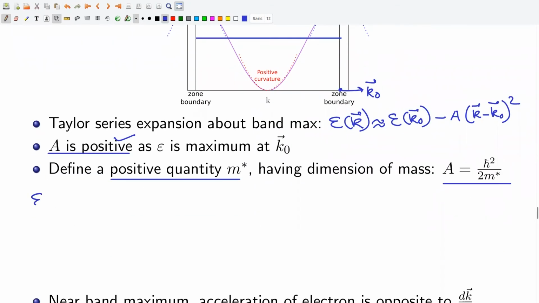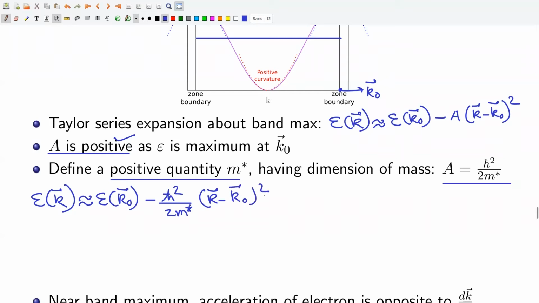Thus, we can rewrite this equation as E(k) is approximately equal to E(k0) minus h bar squared by 2m star times (k minus k0) whole squared.